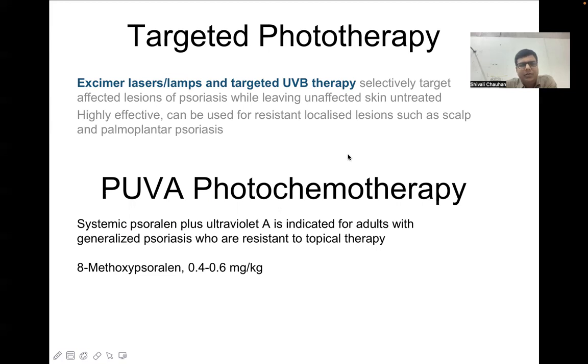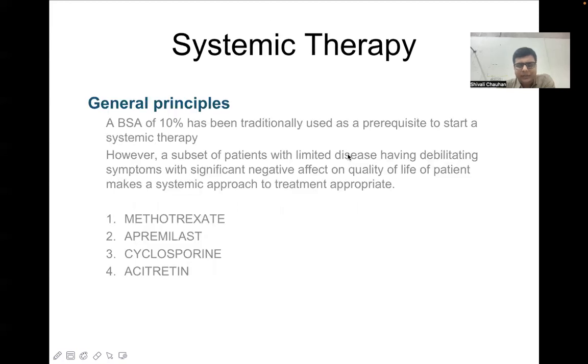Highly effective, can be used for resistant localized lesions such as scalp and palmoplantar psoriasis. PUVA chemotherapy, systemic psoralen plus ultraviolet A, is indicated for adults with generalized psoriasis who are resistant to topical therapy. Here, 8-methoxypsoralen, which is 0.5 to 0.6 milligram per kilogram, is given.